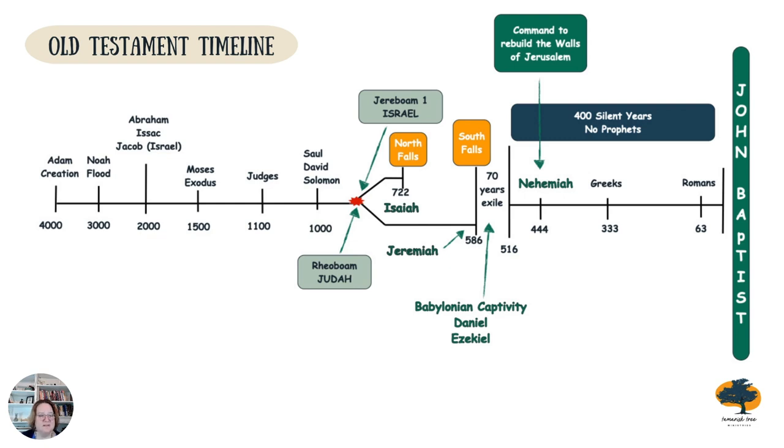When Solomon died, this is where things get really messy. Okay, so Solomon's son, Rehoboam, which you may see his name in the gray box underneath 1,000, Rehoboam was the legitimate next in line to be king. And there's a crazy story where right before his coronation, all the 12 tribes gather in Jerusalem, which is the capital city.